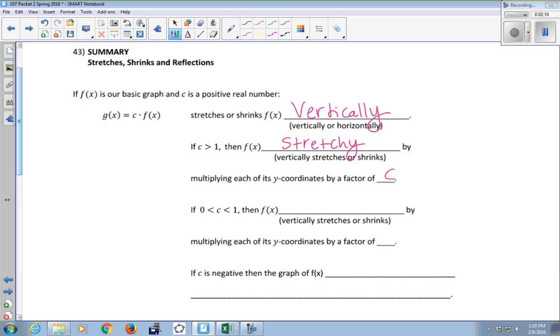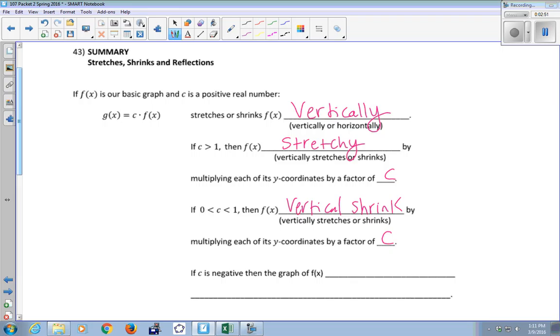If c is a small number, like a half or a third or 0.2, then this is a vertical shrink. You multiply by a small number, things get smaller. So vertical things are always exactly intuitive.